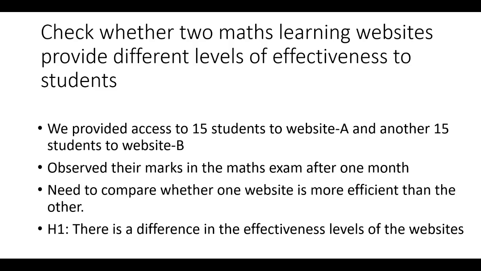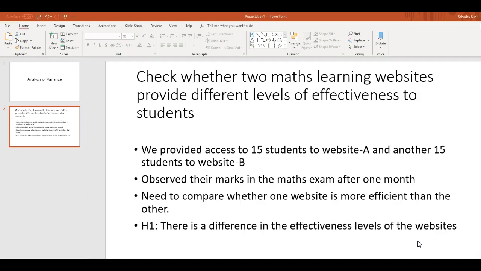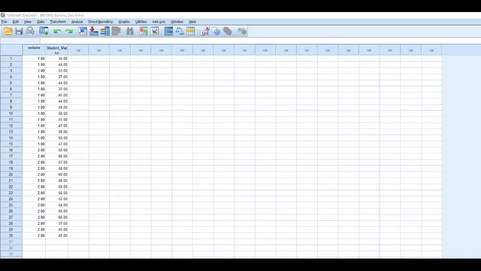I'll explain how this is carried out through the SPSS software, where it is possible to do a one-way analysis of variance. The data needs to be stored in this format.